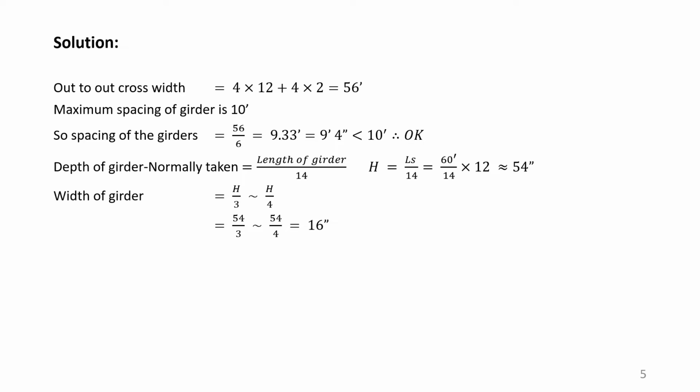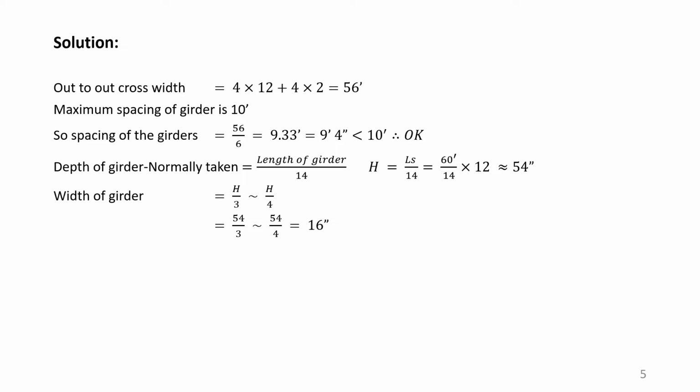Depth of the girder normally taken is length of the girder divided by 14. We have chosen the exterior span of the girder as 60 feet, and 60 into 12 divided by 14 gives me a depth of the girder as 54 inch. The end span is 60 feet.